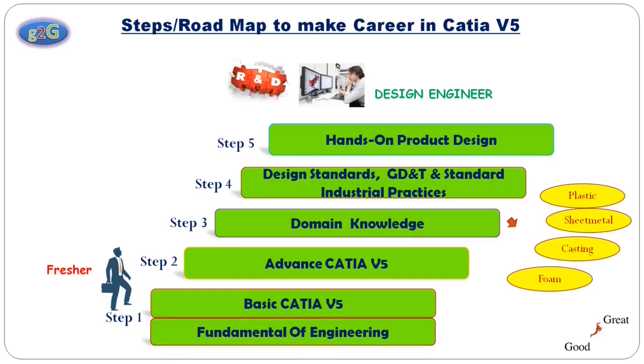Similar to step 4, as I told you, step 5 you may not be able to get in an institute. You need to either go for an industrial internship program, or you need to join an institute which is collaborated with industries, just like G2G Innovation. If you follow all these 5 steps, you will get tremendous knowledge, and this knowledge will give you a job today or tomorrow.